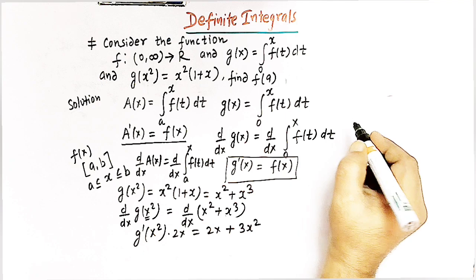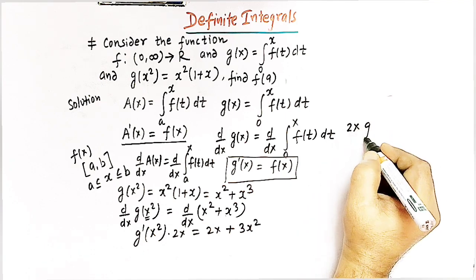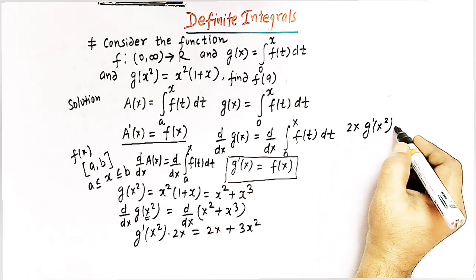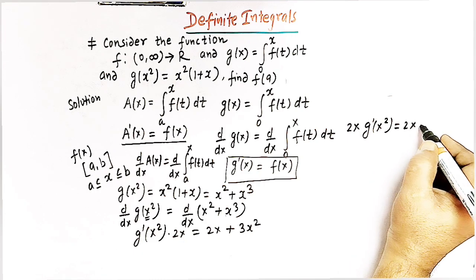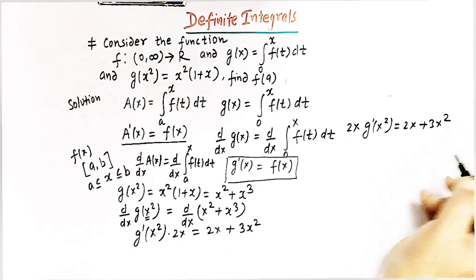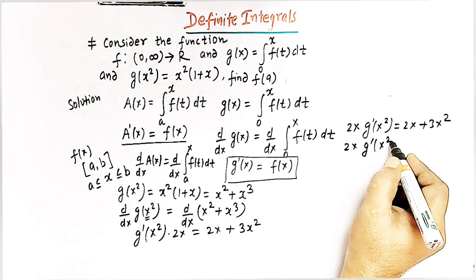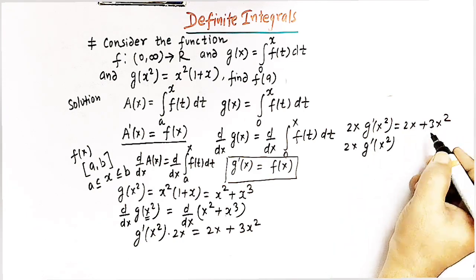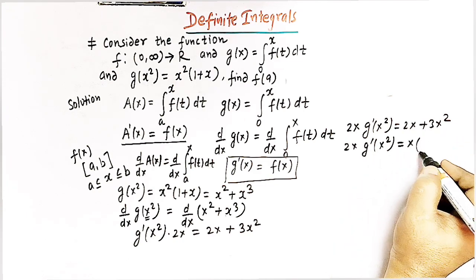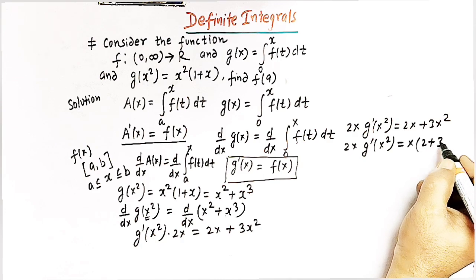So now we have 2x g prime of x square, and here we have 2x plus 3x square. Now taking x common from these two terms, we have x times 2 plus 3x.